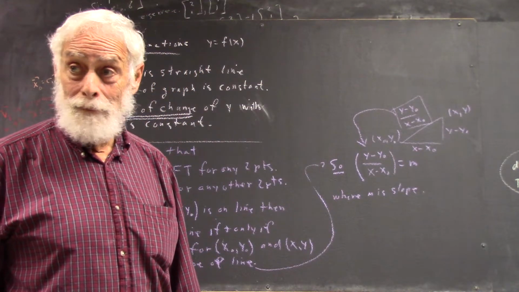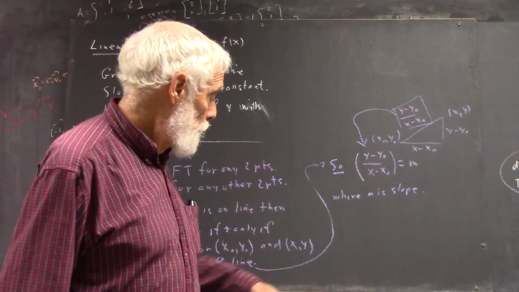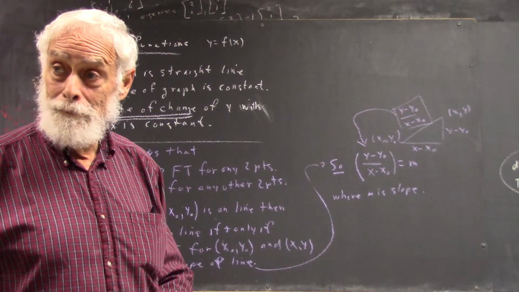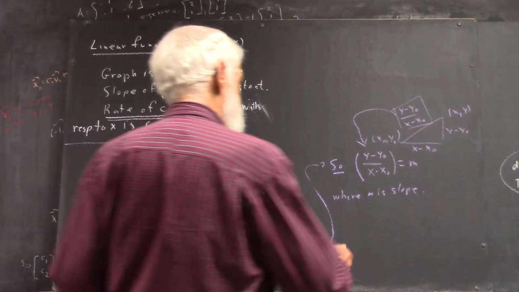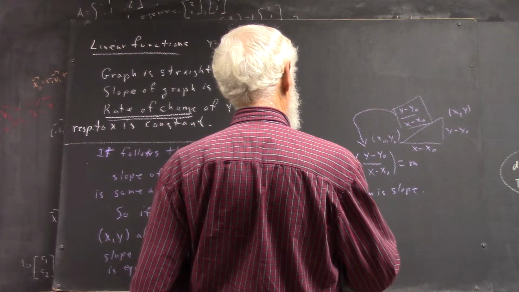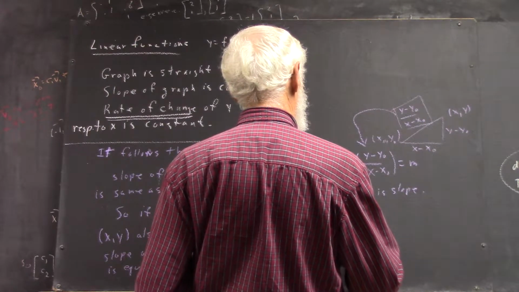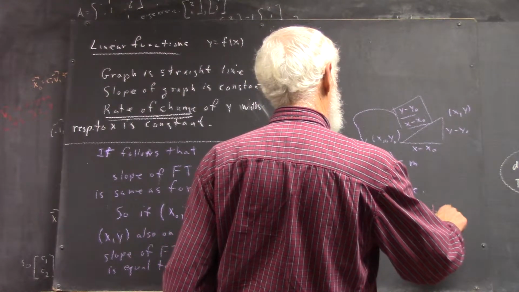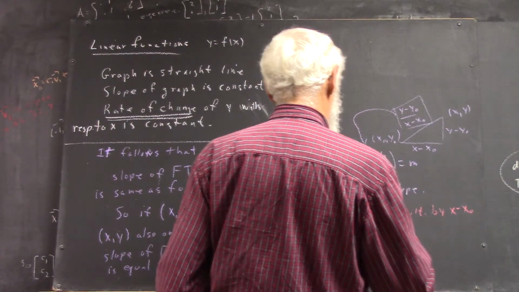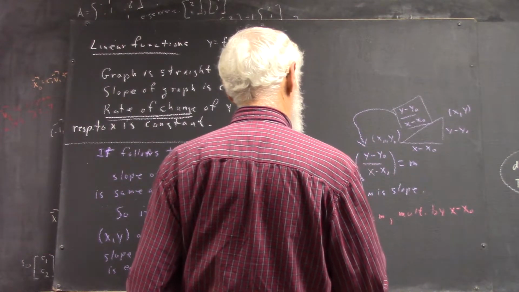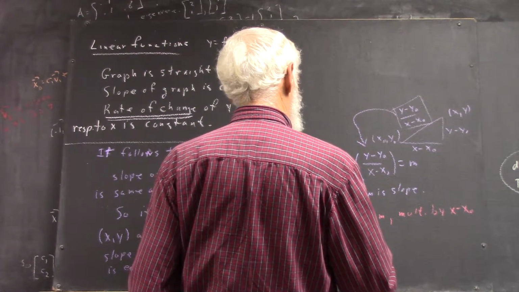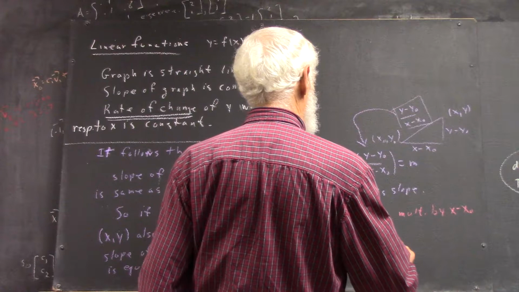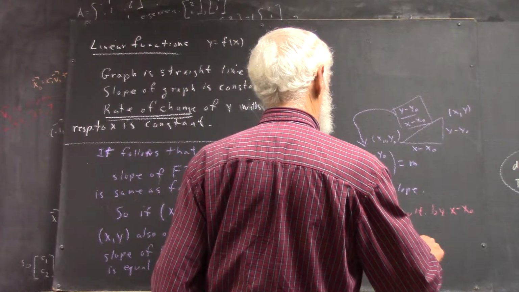Okay? Now, of course, if I multiply both sides of this by x minus x naught, what do I get? That gives us y minus y naught equals m times x minus x naught.